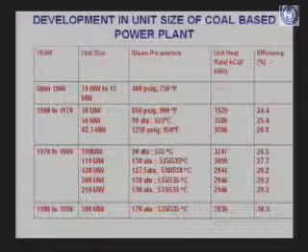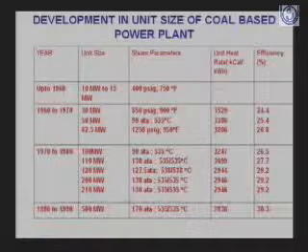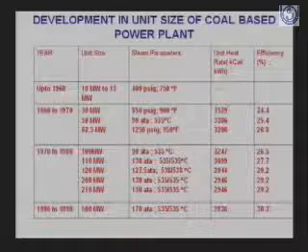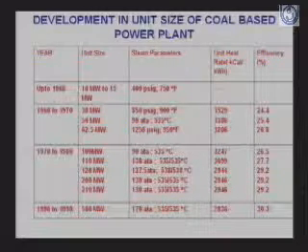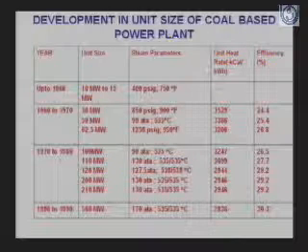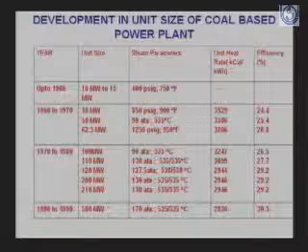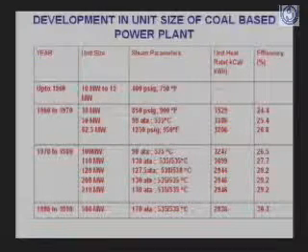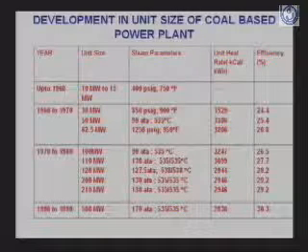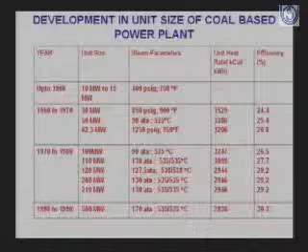And why we are adopting these units is that there is a natural urge to save the fuel for power generation in the country, as well as there is an international pressure building up due to environmental considerations, Kyoto Protocol, that we must adopt high efficiency and we must save generation of carbon dioxide in the atmosphere, which is a greenhouse gas.